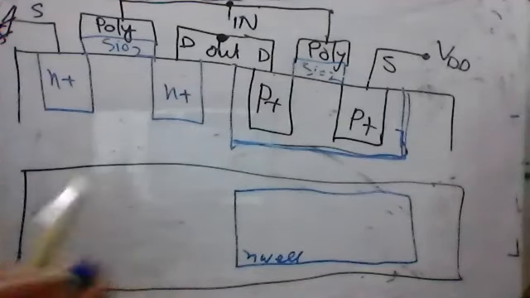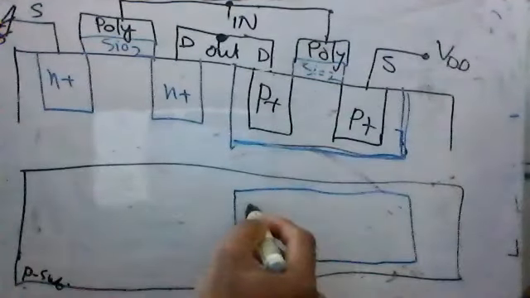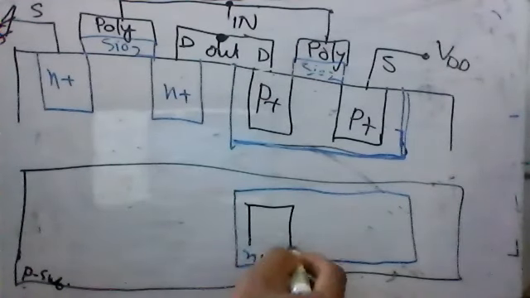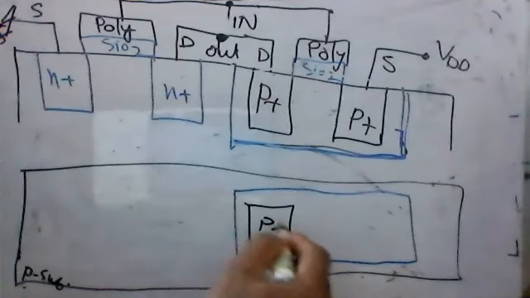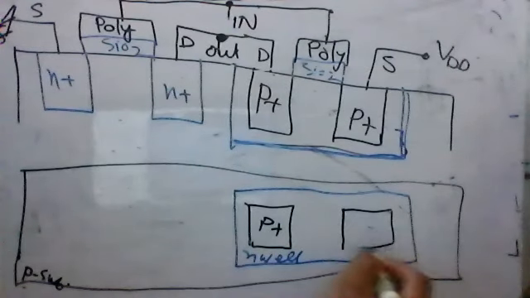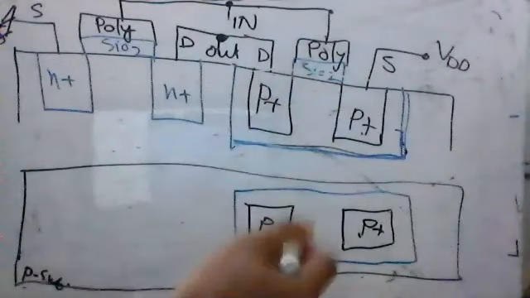And what can we see inside the N-well from the top? You will see a P, this is a drain, and this is a source area, and the P type. You will see a P type area here, P plus, and another P plus on this side. This P plus we'll see here from the top view, and this one will be seen here.